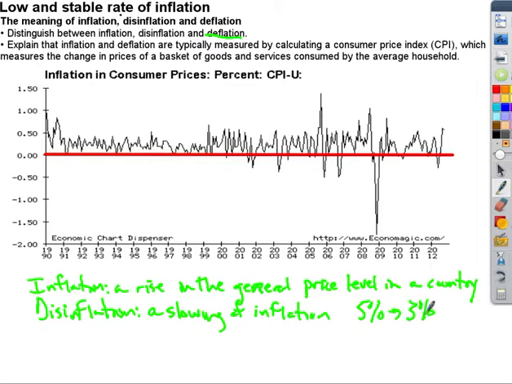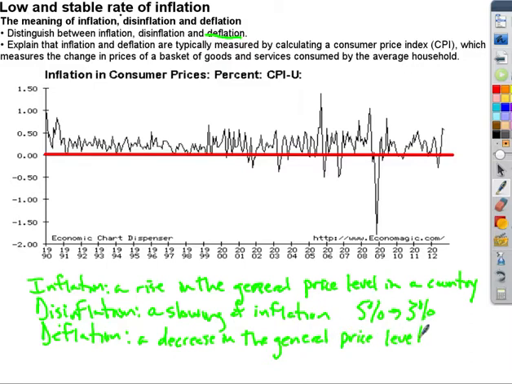We still have inflation, but it's growing at a slower rate than before. And finally, deflation is a decrease in the general price level.